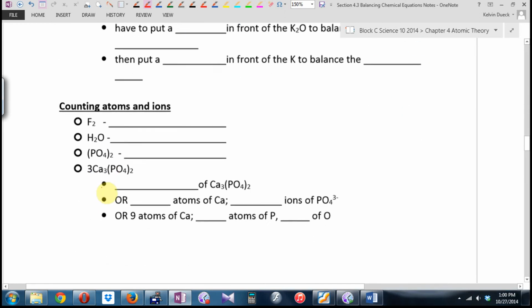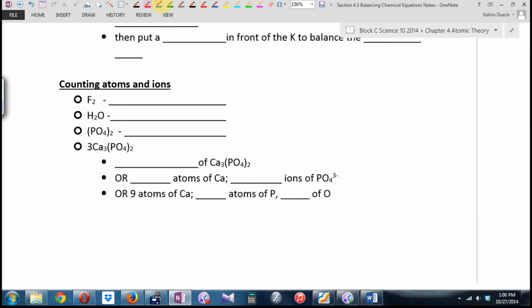Let's go to counting atoms and ions. Quick reminder. So if you see F2, how many fluorides is that? 2. How many H's, how many O's in this next one? 2 H's, 1 O. How many phosphoruses in the next one? 2.